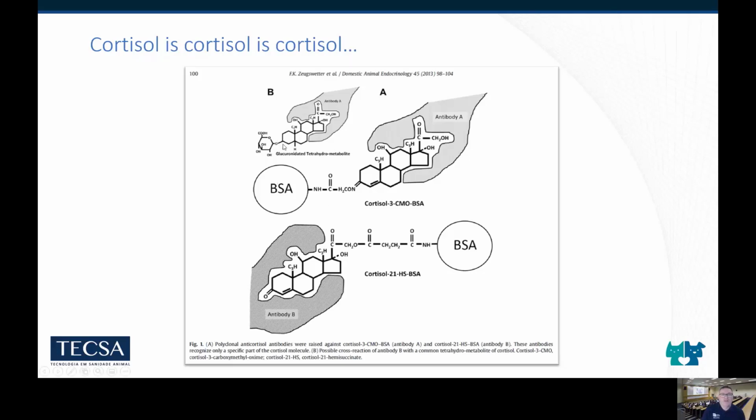And so that may mean attaching something at this end of the cortisol molecule, down near the 1s and 2s and 3s of the carbon numbering system, or maybe attaching something up at the other end of the molecule.